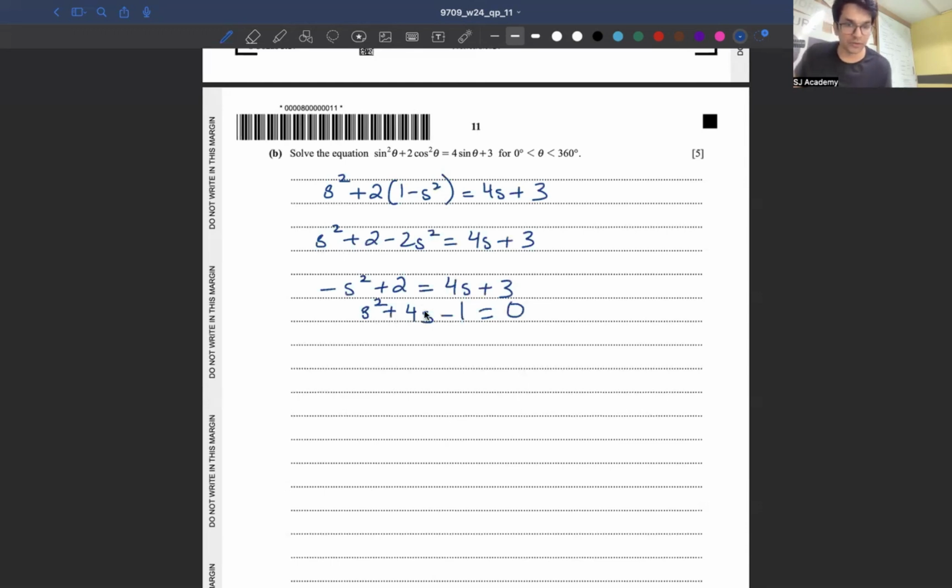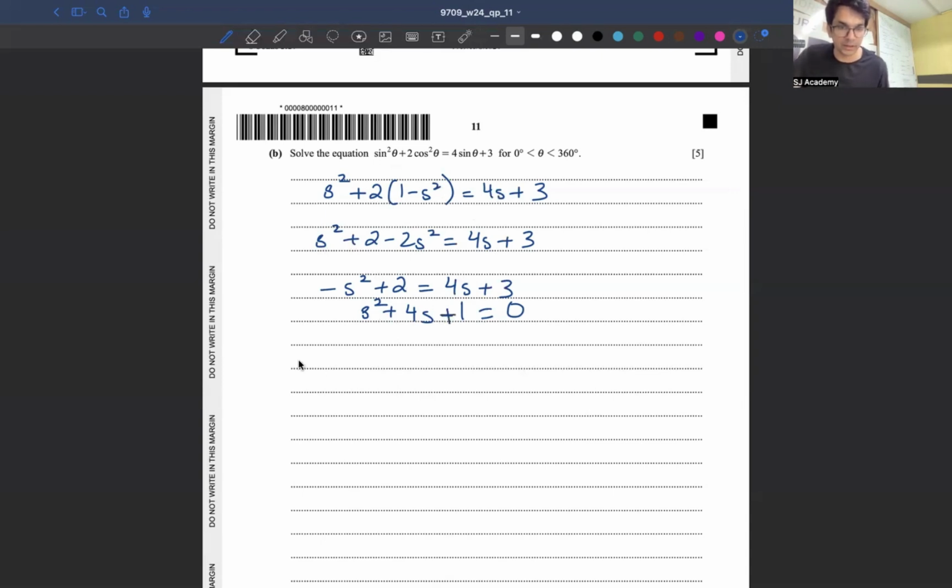Now we have to solve this quadratic, so we can use the quadratic formula. We'll just make sure that there is no arithmetic mistake over here. This is 2 times 1 minus sine squared, that's fine. This will become plus sine squared over here. This is 4 sine, and this is 2, so 3 minus 2 is a plus 1 over here.